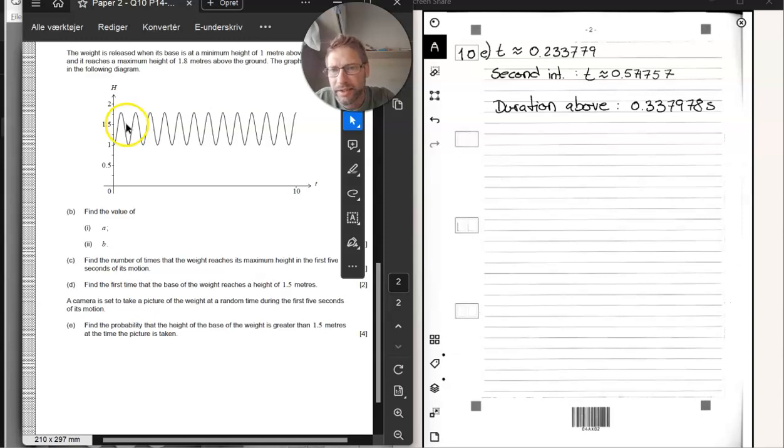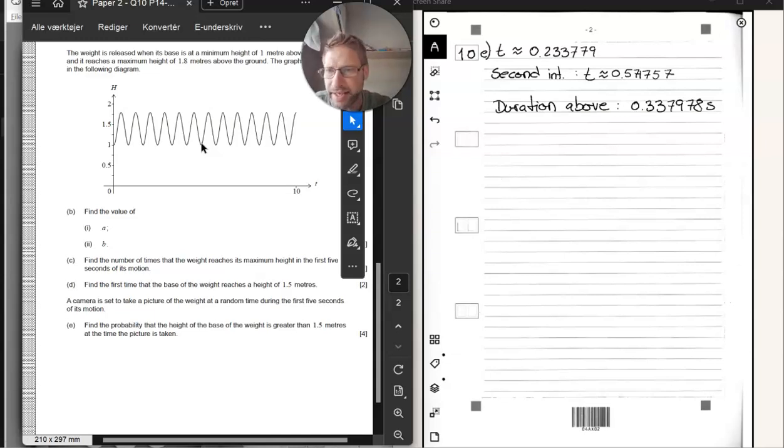But since we're looking at the first 5 seconds, so out until approximately here, we have more. And how many times do we have this? Well, we definitely have 1, 2, 3, 4, 5, and 6, since we are going through a little bit more than 6 periods. And we know that we are definitely moving to here, which is 6 whole periods.